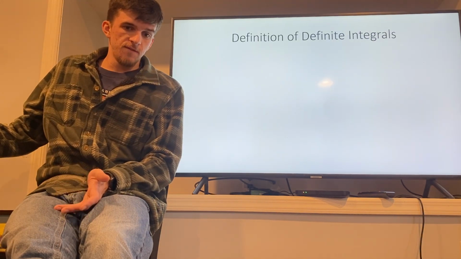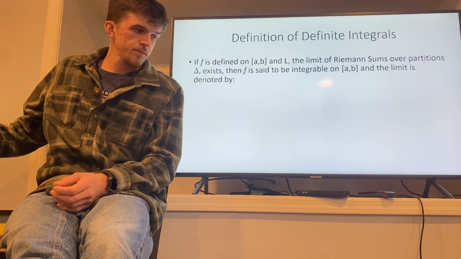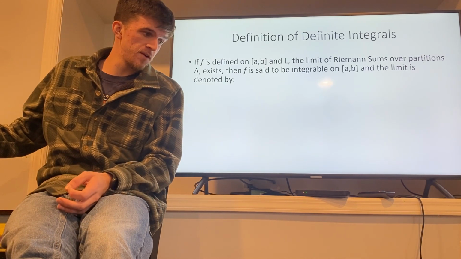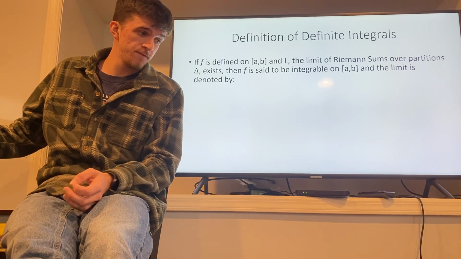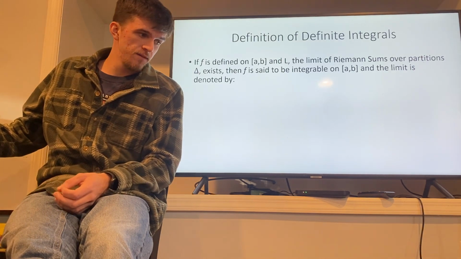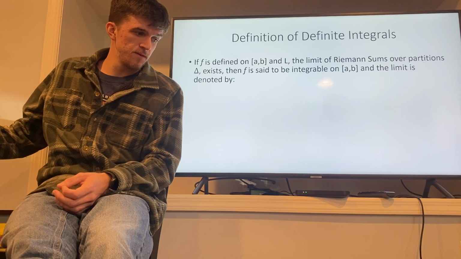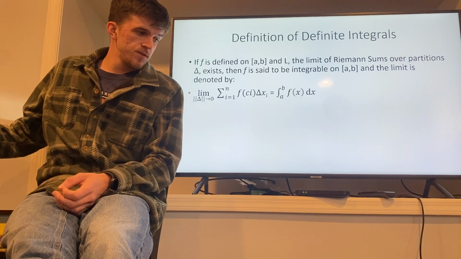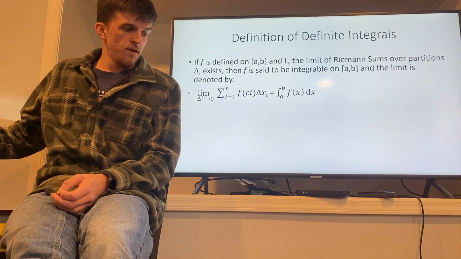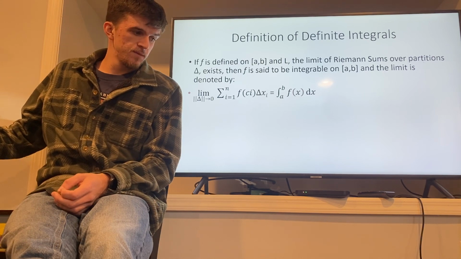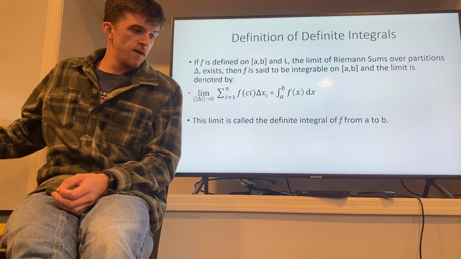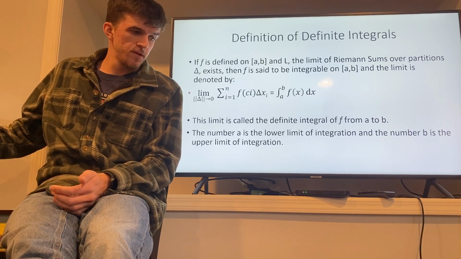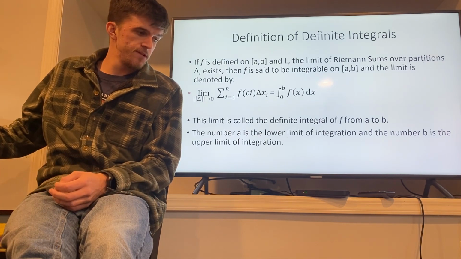So, what is the definition of a definite integral? Well, if f is defined on the closed interval [a, b] and the limit L of the Riemann sums over the partitions delta exists, then f is said to be integrable on the closed interval [a, b], and the limit is denoted by the limit as the norm approaches 0 of the sum of n terms, starting with 1, of your function times your width, equal to the definite integral of f from a to b. a is your lower limit of integration, and b will be your upper limit of integration.